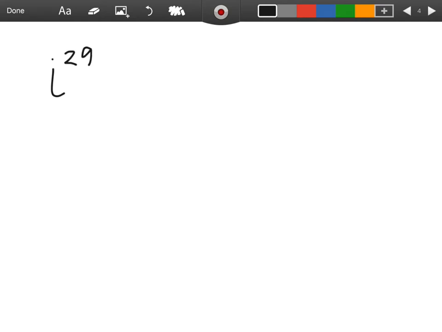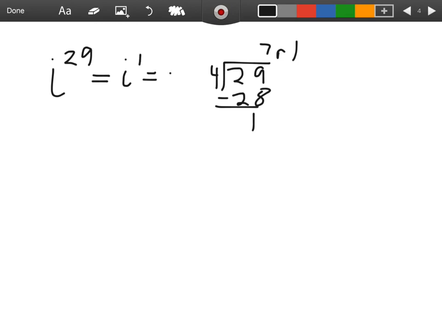Okay? So, if it repeats every fourth time, we can just take the exponent. For example, we have i to the 29th power. We can simplify that. We need to take the exponent, divide it by 4, so that goes in 7 times with a remainder of 1. So this is the same thing as taking just that i and raising it to the remainder, which is just i.